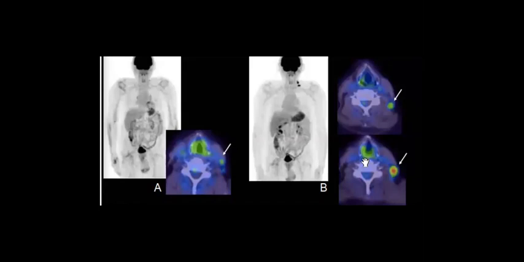So that's why when you prepare for the PET CT, you will ask the patient to not talk, to not use the muscles and the vocal cords, because it can make a lot of pitfalls in the examination, as you see here.